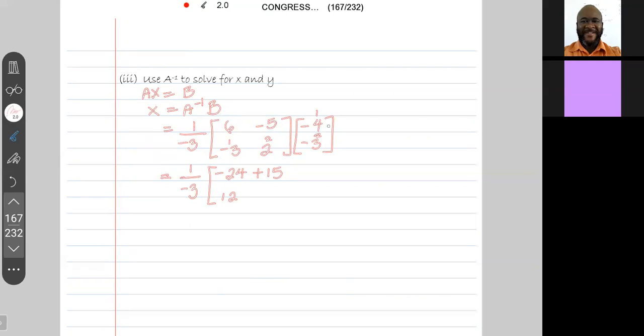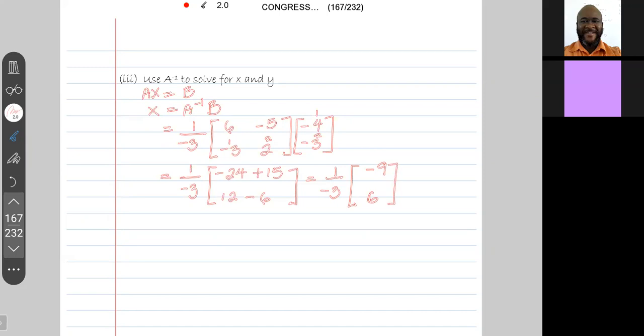Minus 3 times minus 4 is 12, and 2 times minus 3 is minus 6. So this becomes 1 over minus 3, this is minus 9. 24 minus 15 is minus 9. And 12 minus 6 is 6.